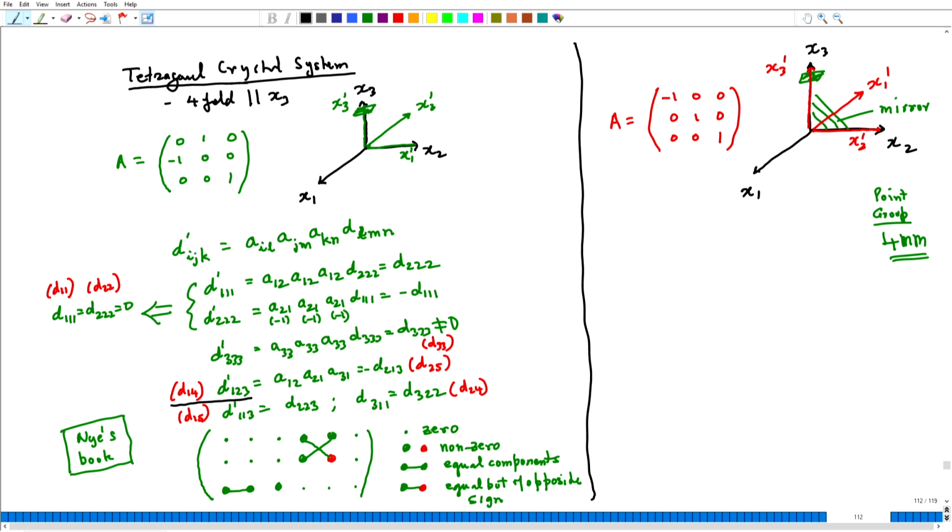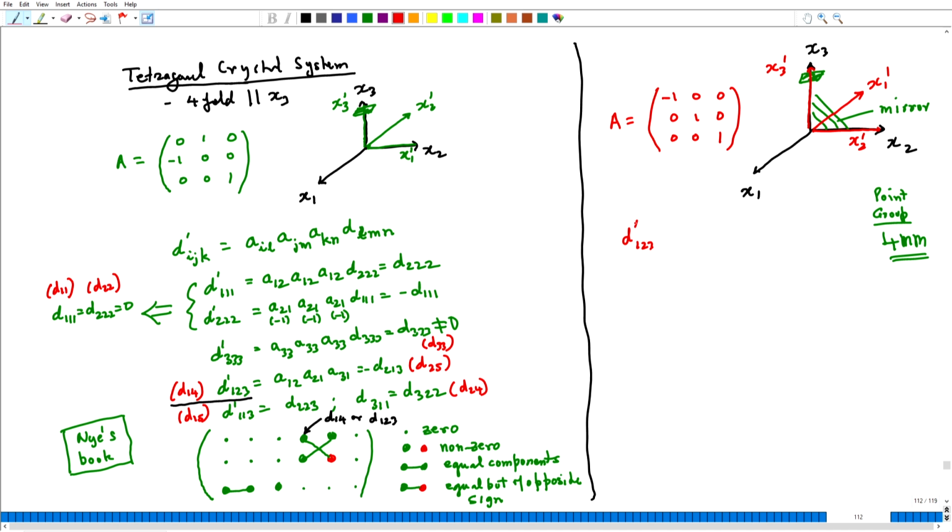Where is this located in the piezoelectric component matrix? 1, 4. So, 1, 4 is located here. So, this is D 1, 4 or D 1, 2, 3. So, let us see what happens to D 1, 2, 3.